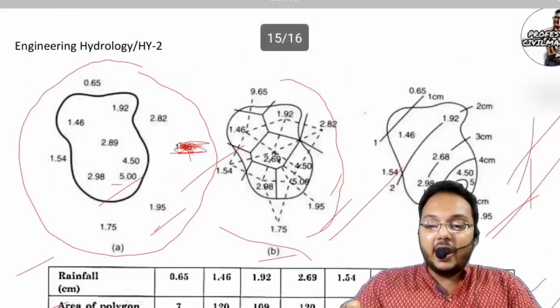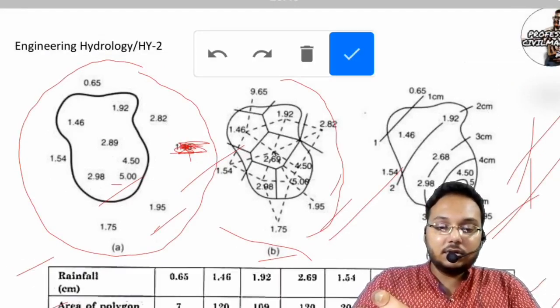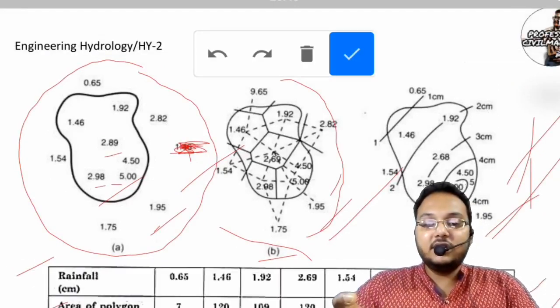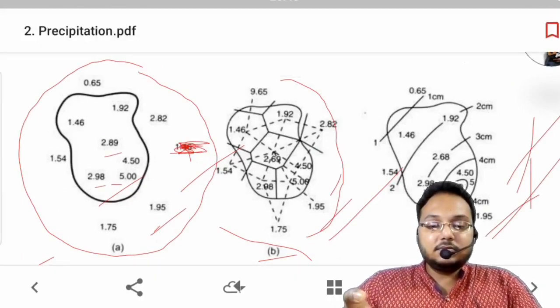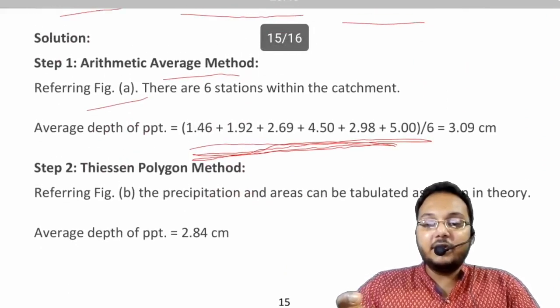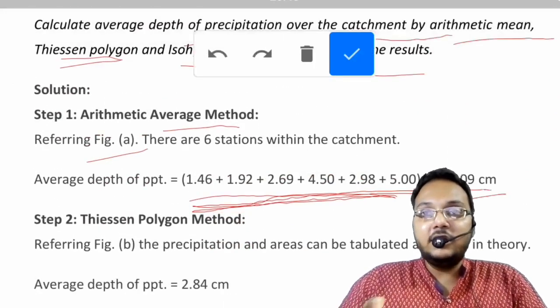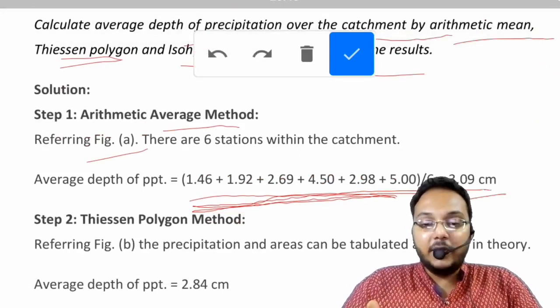So we are going to add these 6 values, and this will give us a sum, and dividing it by 6 will give us the arithmetic average method answer. That is 3.09 centimeter. You can use your calculator or you can do the manual calculation.